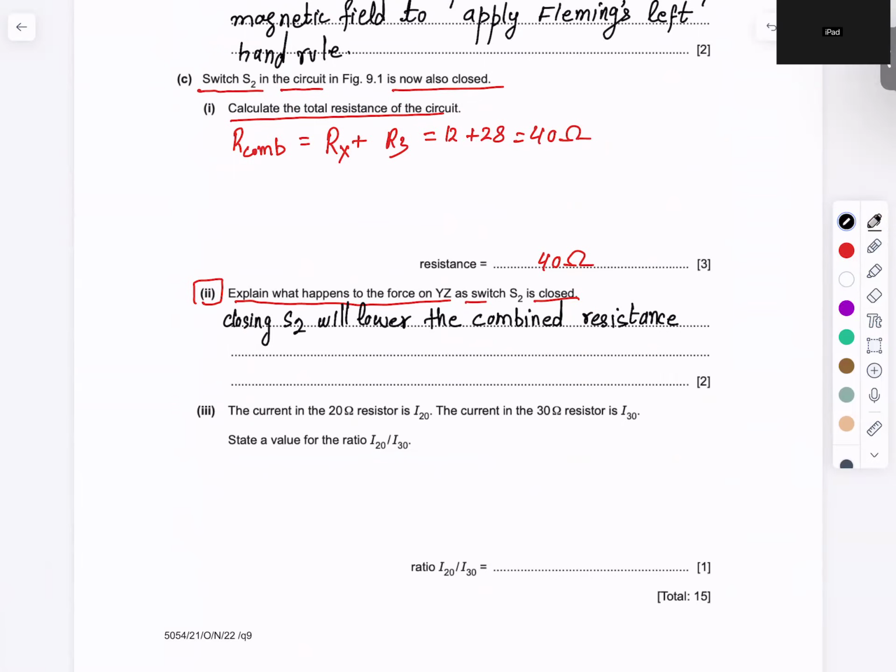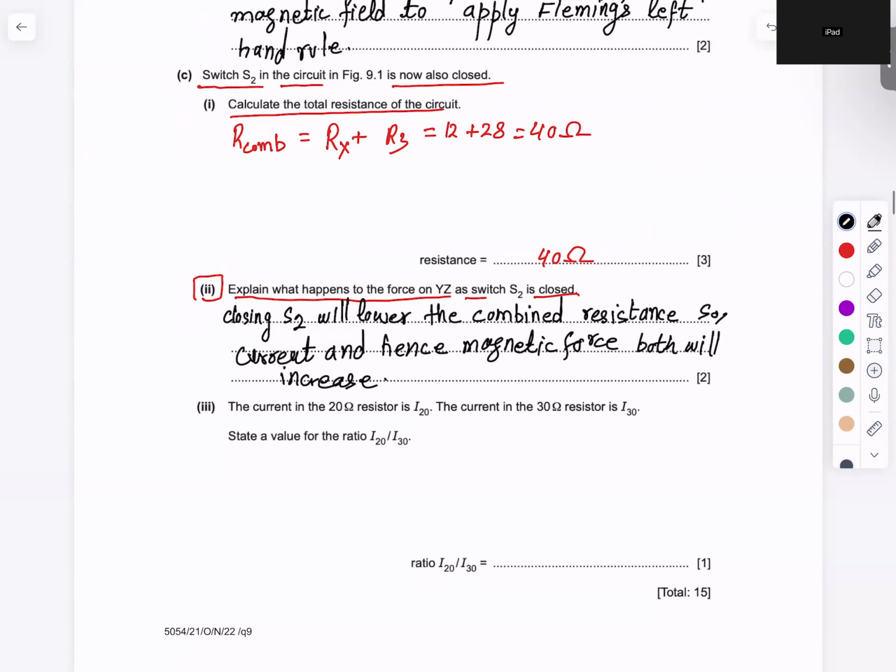So S2 will lower the combined resistance, so current and hence magnetic force both will increase. So current will increase and magnetic force will also increase.